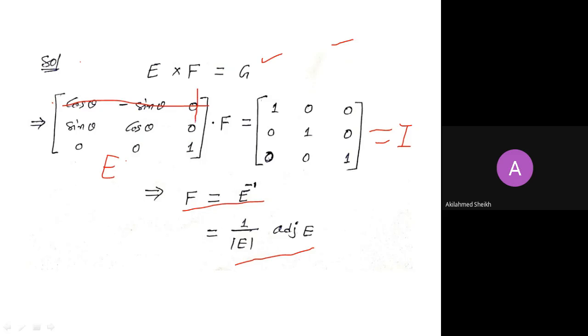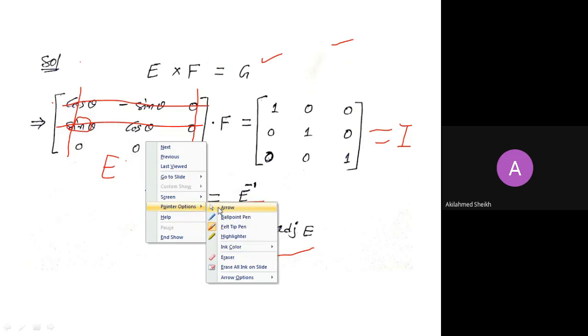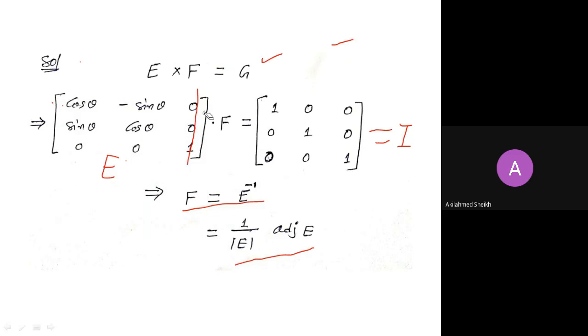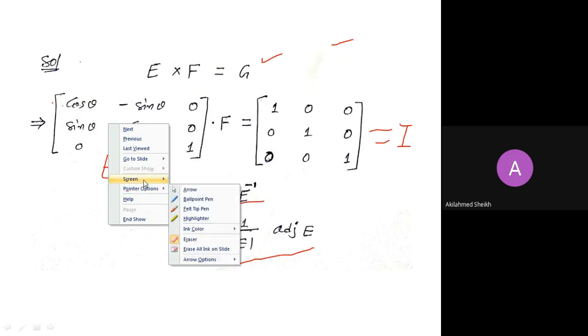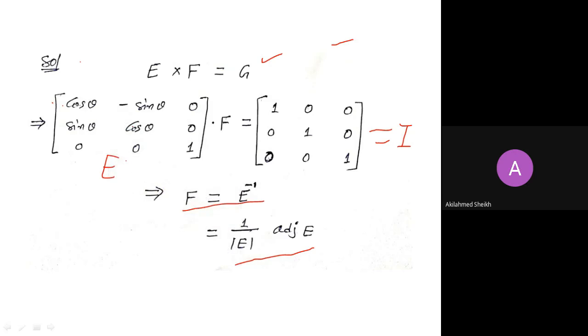Ignoring the first row, third column, taking the determinant of the remaining elements, we get 0, and the sign will be the same. For this element, ignoring the second row, first column, the values give minus sin theta into 1, which is minus sin theta. Similarly, for all terms, we can find the minors.